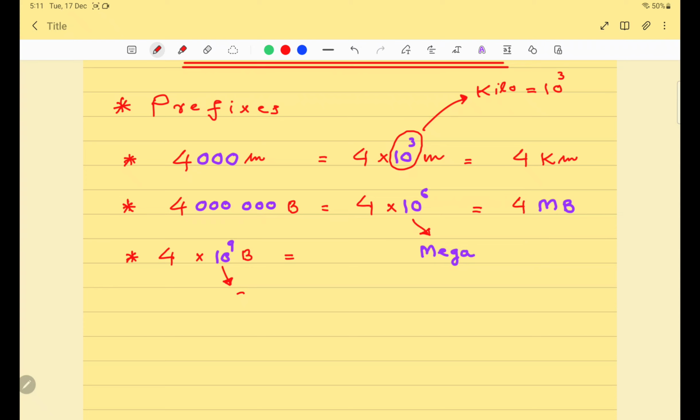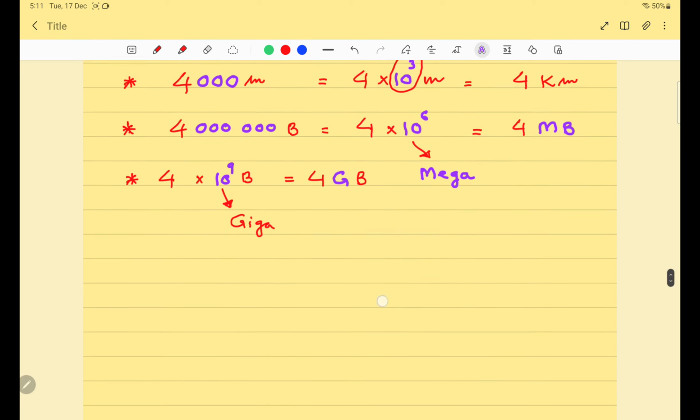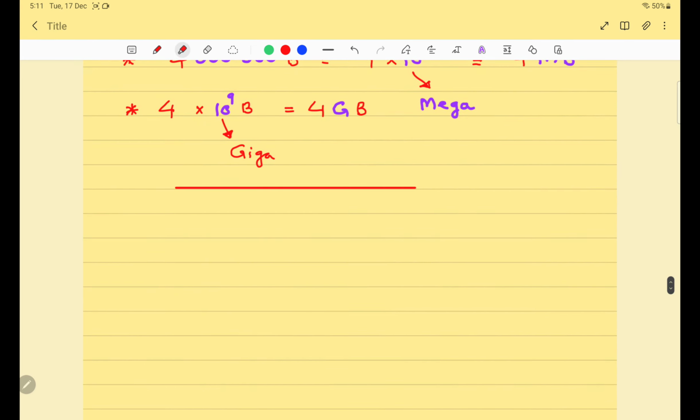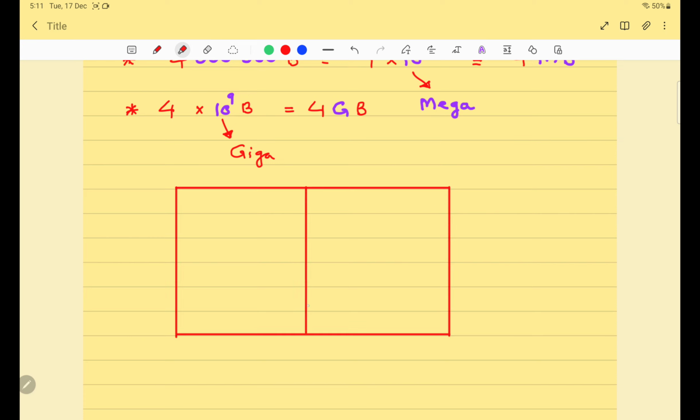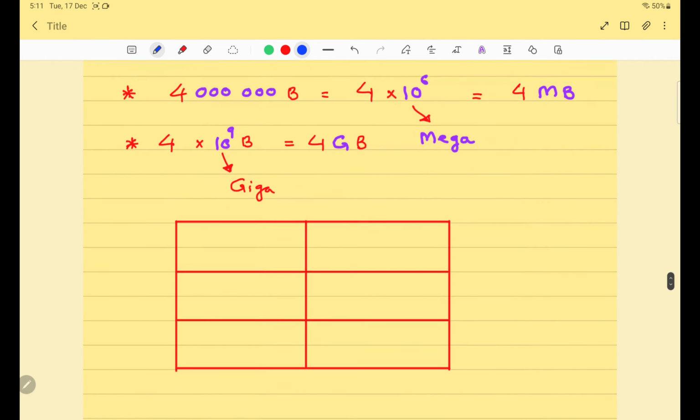Exponent 9 means it is giga and it is 4 GB file, and 4 GB means 4 gigabytes. So I am making a table which I hope you must memorize for the next class, because these are ABCDs of physics. Without these values, you can't study physics. You will feel difficulties if you do not know the values of these prefixes.